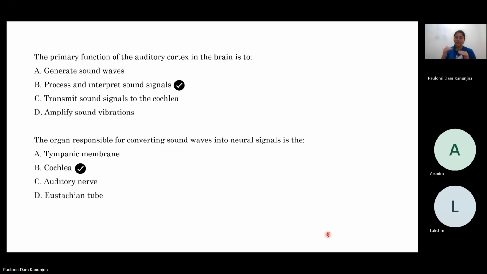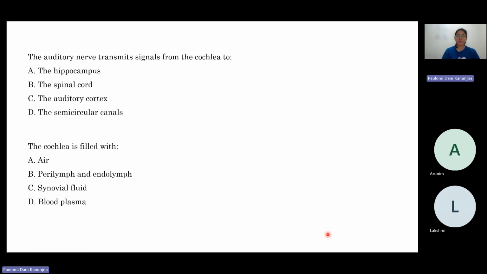The wave gives movement to the basilar membrane, and that membrane movement causes the hair cells to bend, and as the hair cells bend, they generate electrical impulses, which are carried by the nerves to the brain. So that's the entire process of taking the information.